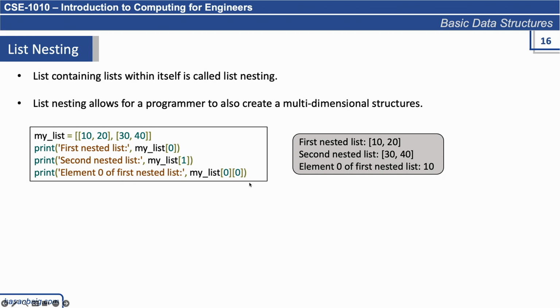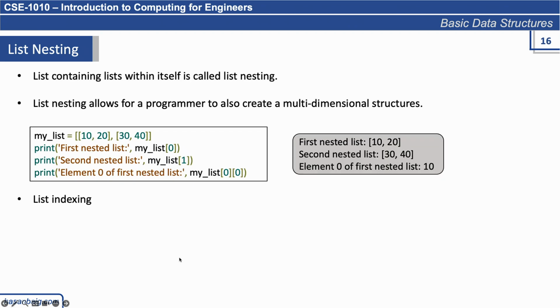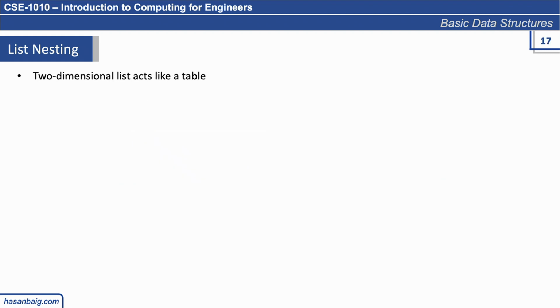It will throw an error because there is no element placed at that index. So list indexing, again, is a very important thing to understand because you will very frequently be using nested lists and accessing particular elements in a nested list.